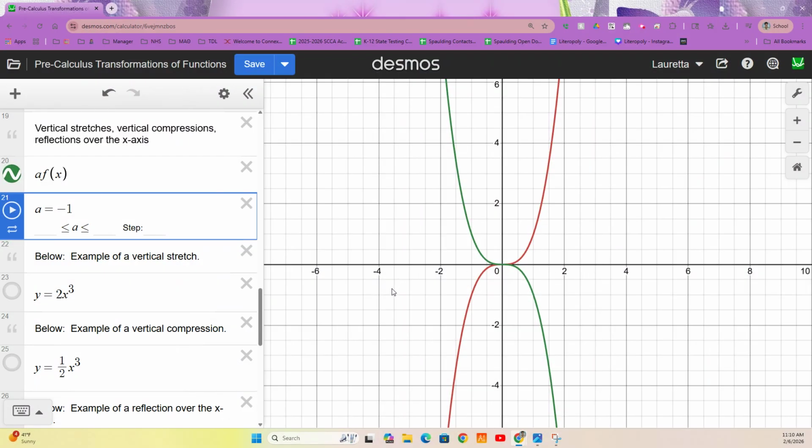Now you might notice it looks exactly the same as what we did whenever we had a reflection over the y-axis. And that's because this is an odd function where f of negative x equals negative f of x. I'll show you that more clearly in just a moment.